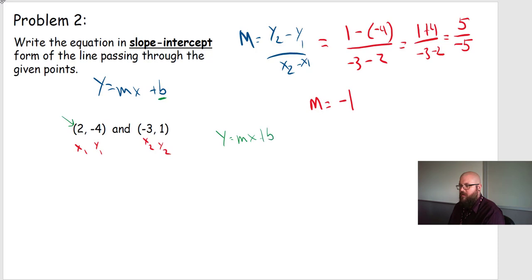Our y value is negative 4 equals our slope, which is negative 1, times our x value in that point, which was 2, plus b. So we should get negative 4 equals negative 2 plus b.